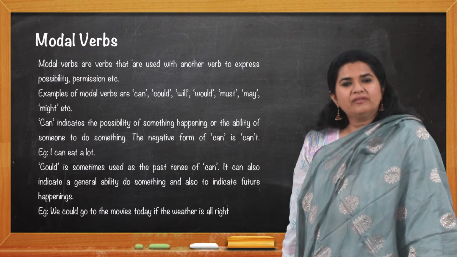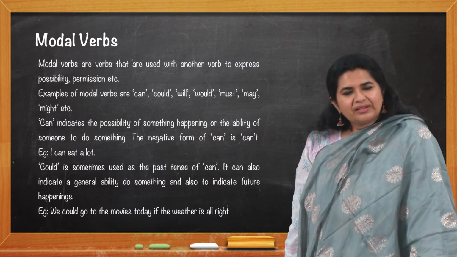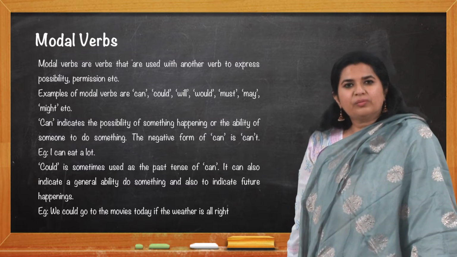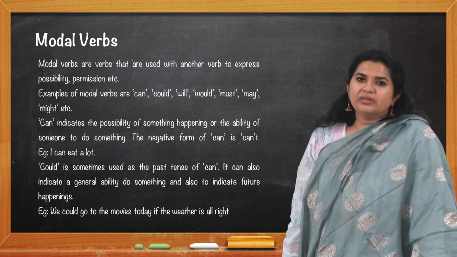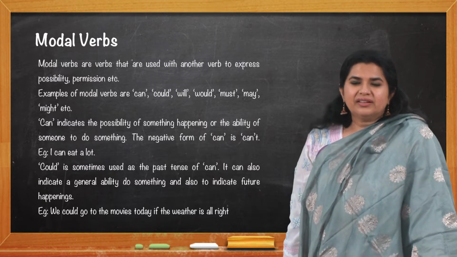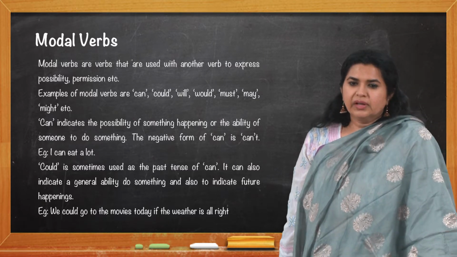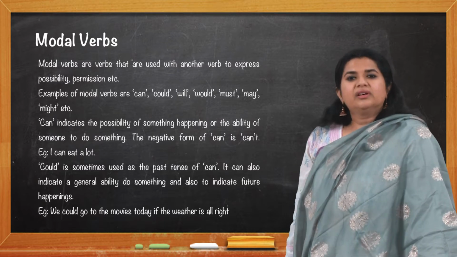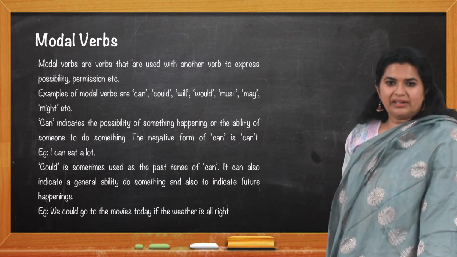But in they can fish where fish is a noun and can is the act of putting fish in cans, here you are using can as the main verb. Otherwise, most of the time these modal verbs are used along with another verb to express possibility, permission, etc.